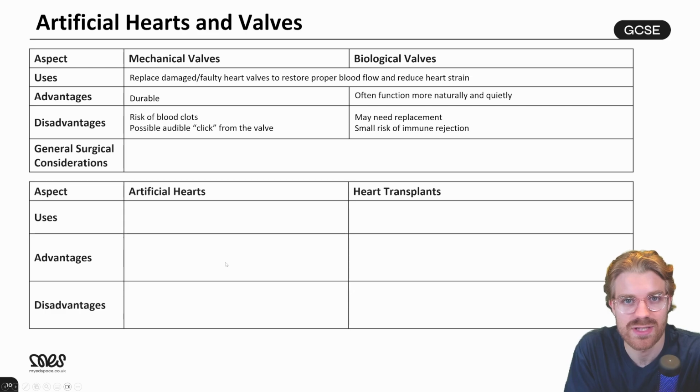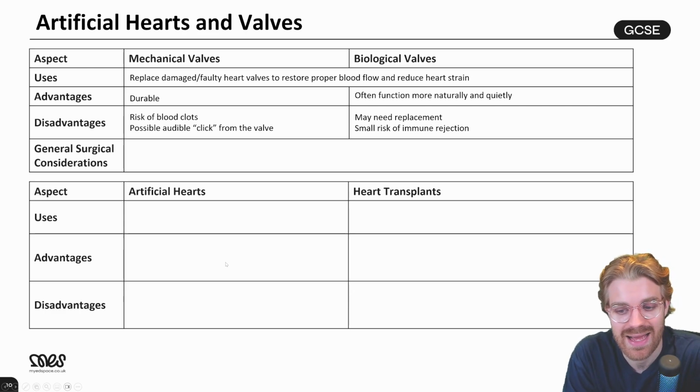The mechanical valves, there is a risk of blood clots and there is a possible kind of noise that might come from these valves. Whereas the biological valves, they may need replacing and there is a risk of immune rejection, where the immune system recognizes the foreign tissue, the foreign cells that have been put into the heart, and leads to an immune response to try and remove those.